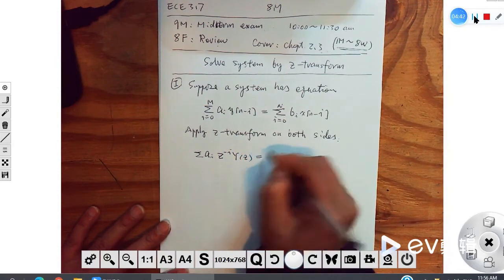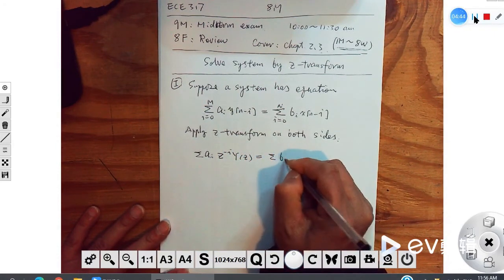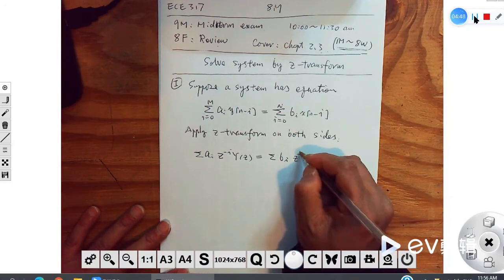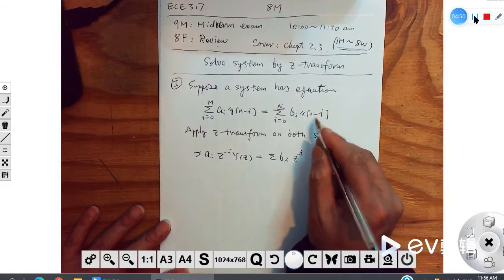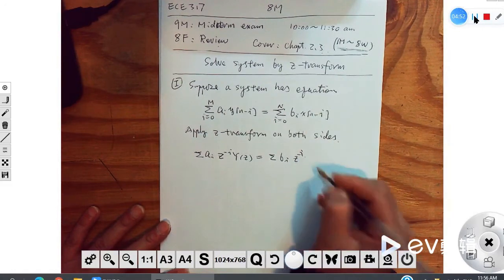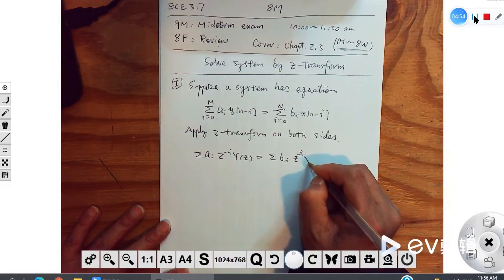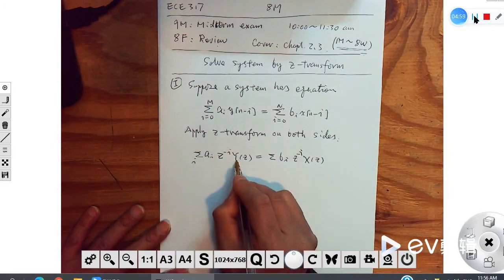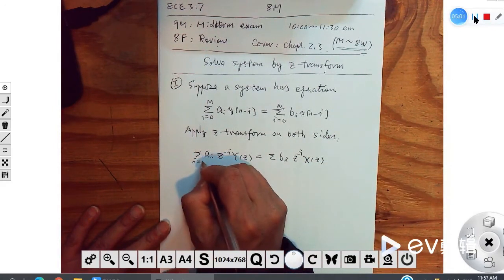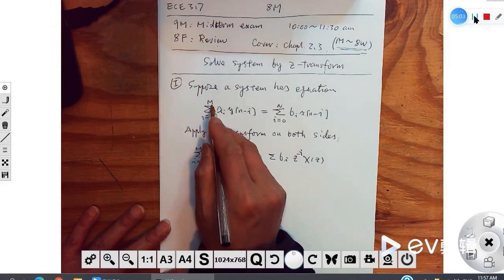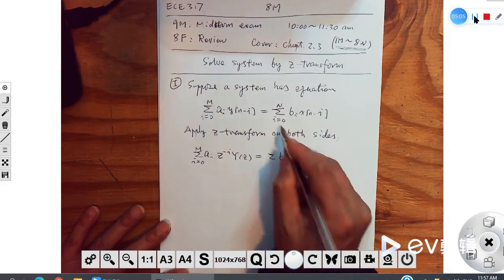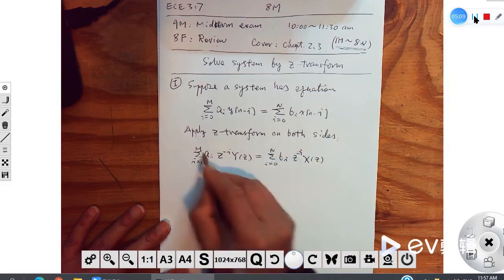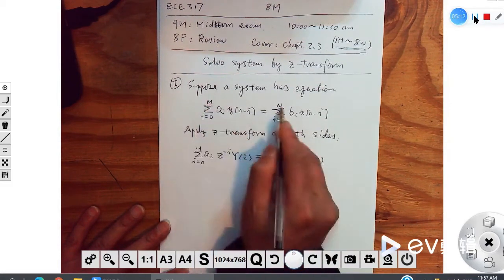And this side is the summation of b_i, similarly a delay of i, so z to the negative i, times capital X of z. Here for the y terms, i runs from 0 to M, and here i runs from 0 to N.